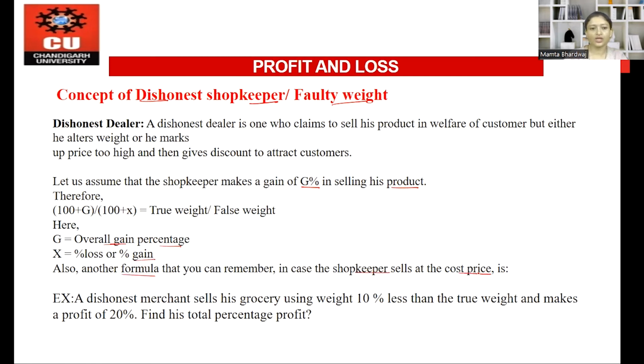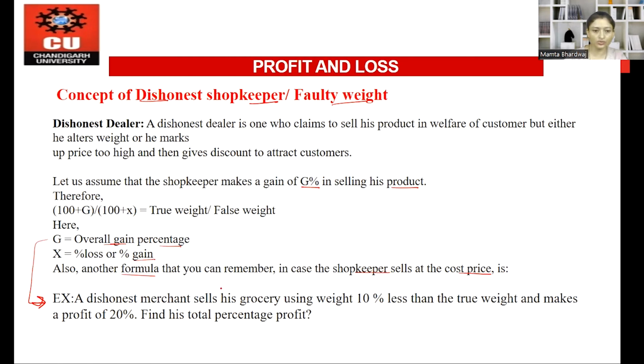We will do the next concept in the next slide. First of all, we will take one example. A dishonest merchant sells his grocery using weight 10% less than the true weight and makes a profit of 20%. Find his total percentage profit.